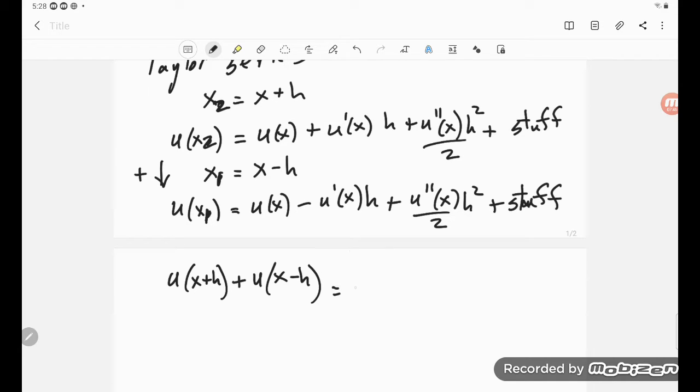That's equal to 2 u of x. These cancel, and then plus u double prime of x, not over 2 because there's 2 of them, times h squared, plus a bunch of stuff.